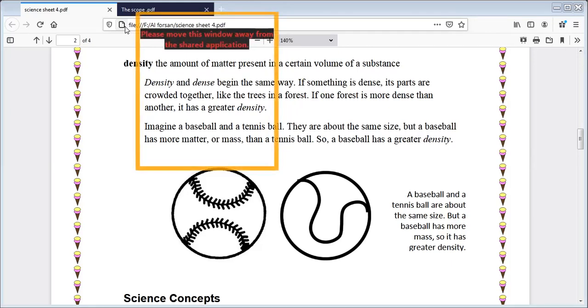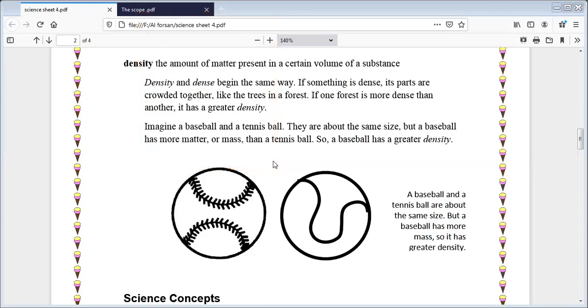Density and dense begin the same way. If something is dense, its parts are crowded together like the trees in a forest. If one forest is more dense than another, it has a greater density. Thank you.